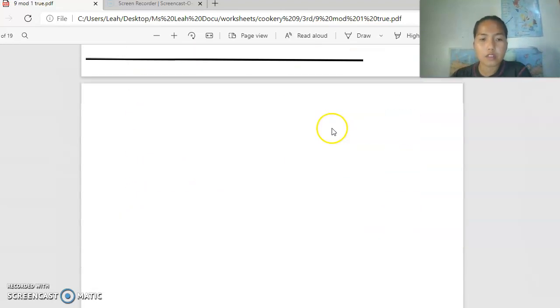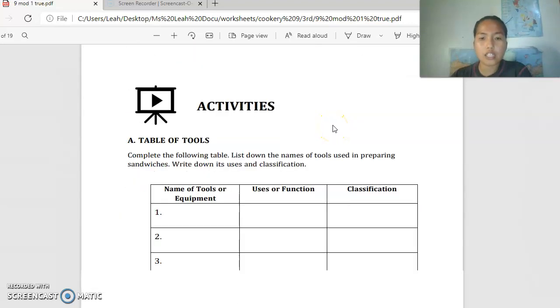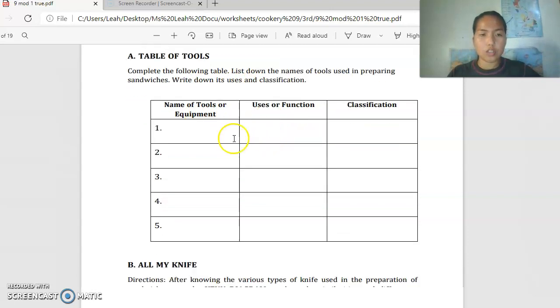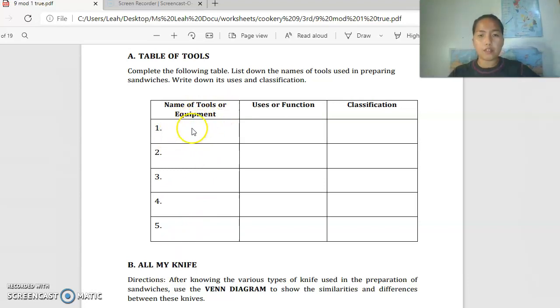So in your activity, in your module, you're going to complete the table. You'll list down the name of tools used in preparing sandwiches. So write down each uses and classification. So this is just 1 to 5 only. Name of tools or equipment. So this 1 to 5, then give the uses and classification.